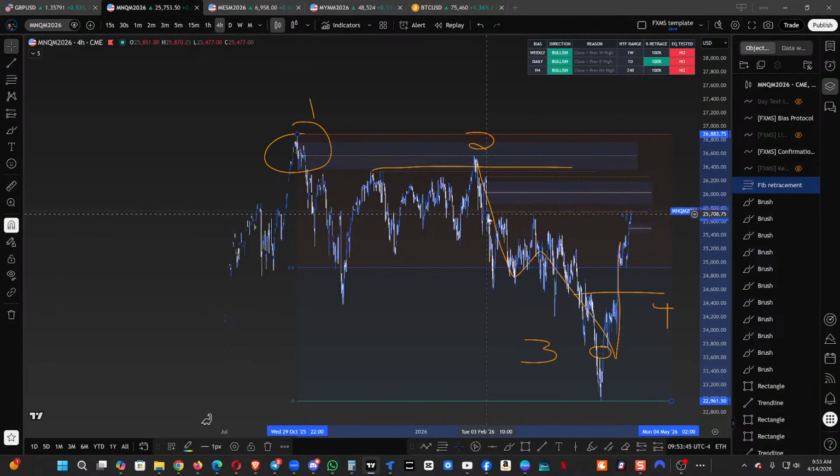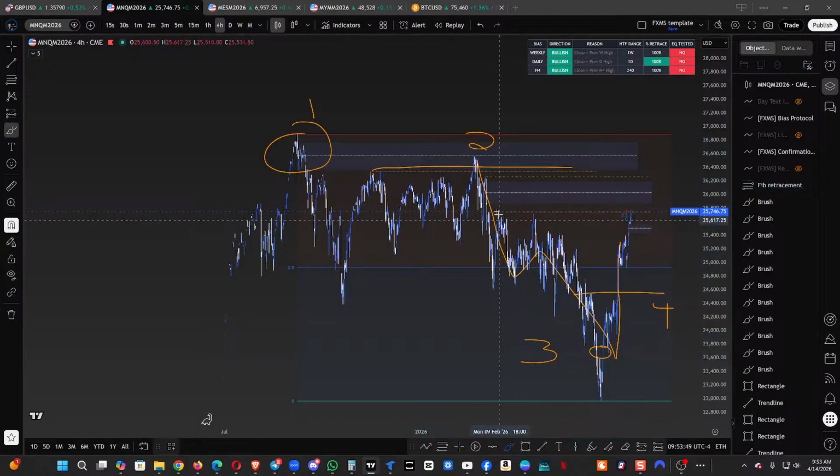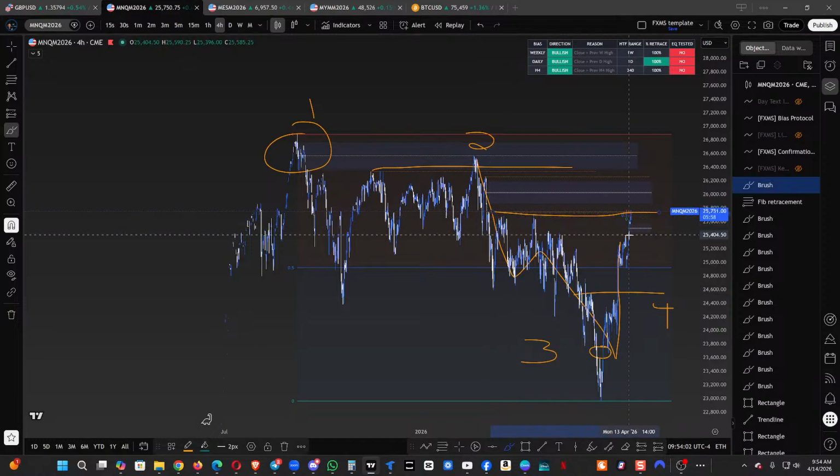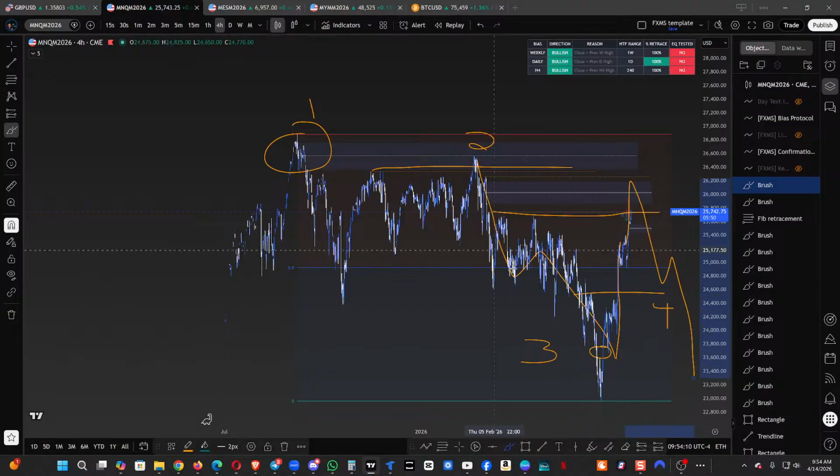We want to see liquidity, internal liquidity formed, which is right here. These highs, right? These equal highs that we just took out, forming in front of a premium point of interest, which is our imbalance right here, right? So now we have an internal sweep of our liquidity into a point of interest, right? And then getting us to move away from this level here, like that.